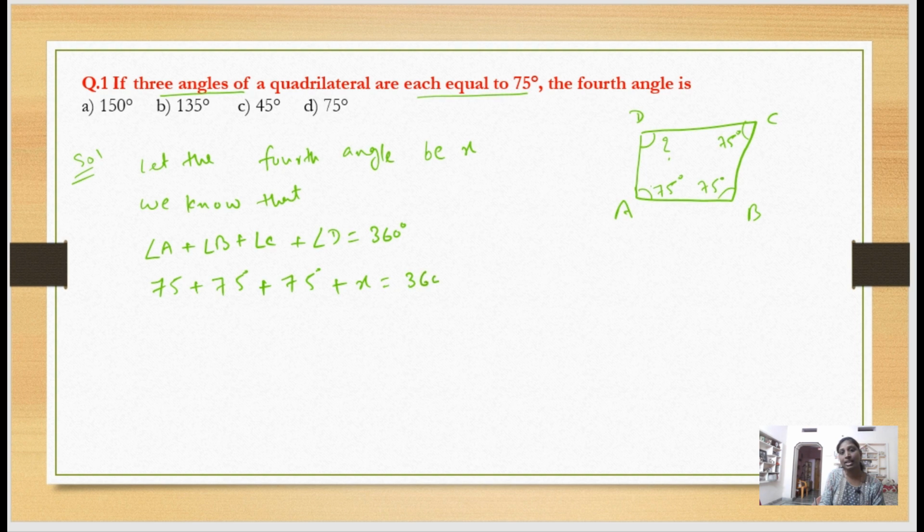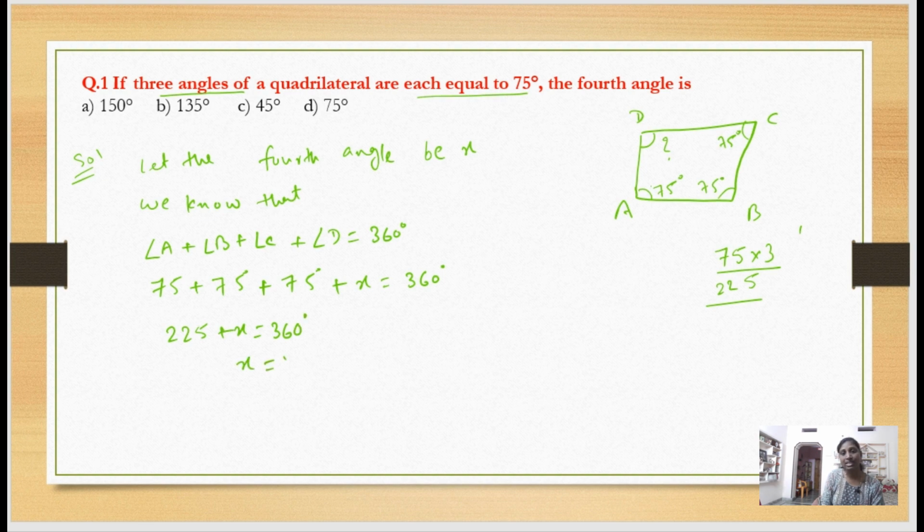X, 360 degree. Okay, now 75 plus 75 plus 75 is how much? 75 into 3. 3 5s are 15, carry over 1, 3 7s are 21, 21 and 1 22, 225. 225 plus X is equal to 360 degree.